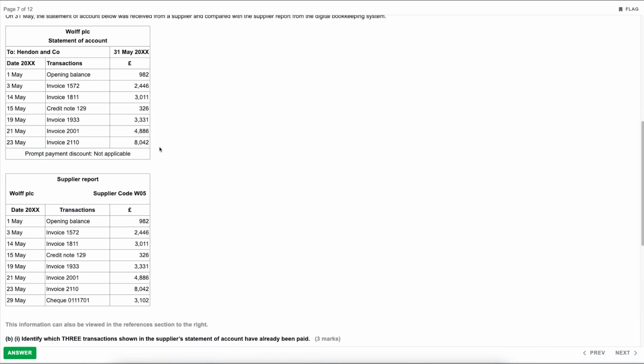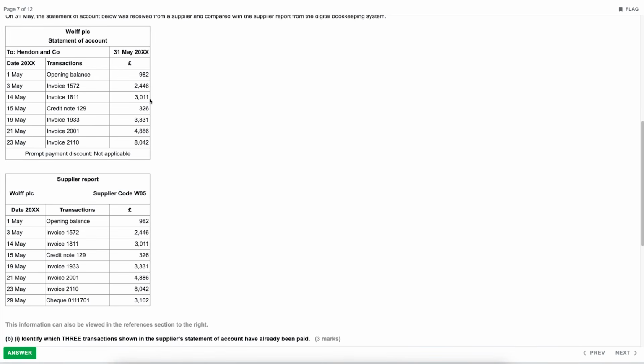Therefore, what we can safely assume is that there are a number of transactions that relate to those amounts. So what I would do is add your check and your credit note together. Now, by adding those two together, that gives you a figure of £3,428.